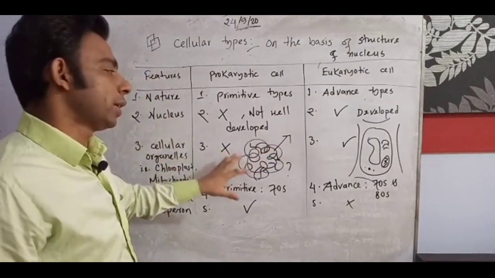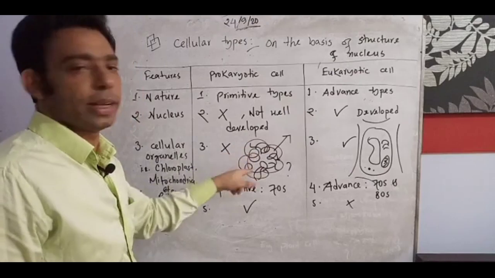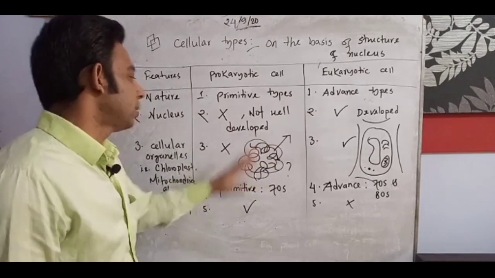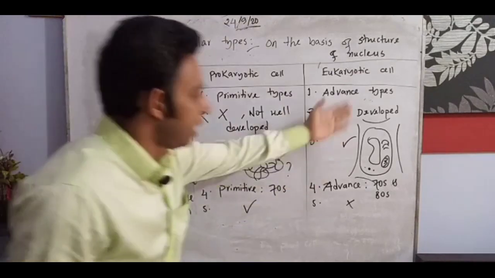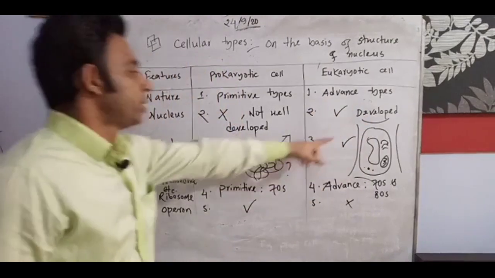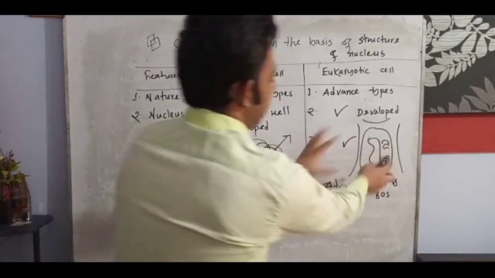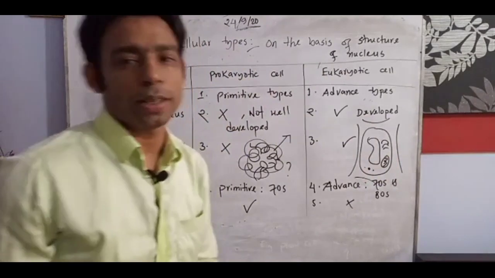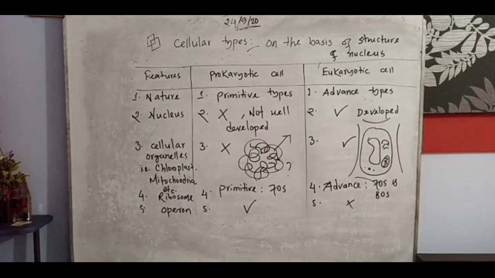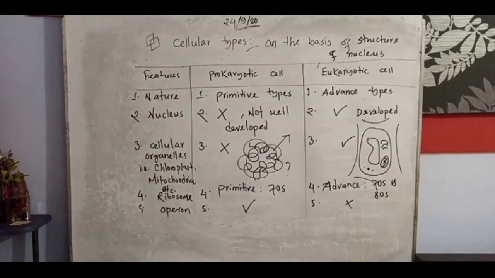This is the operon. Operon is found here, so we cannot separate any other cellular parts or organelles. And where there is no sweet ring, there is no operon, so all cellular parts are properly arranged. I think you understand this also. Yes, my dear students.